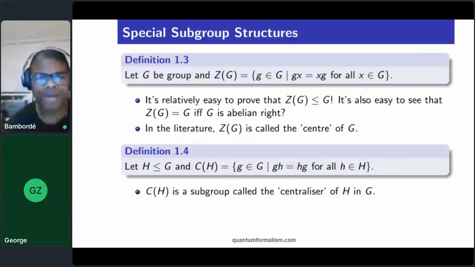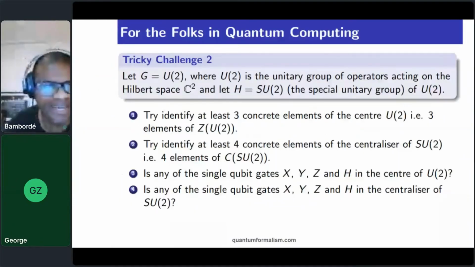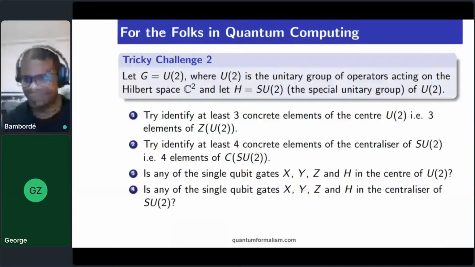Okay, so again, for the quantum computing guys, this could be trivial or it could be a trick. I don't know. Try to go through it, and then you can say, oh, yeah. Okay, so let again G be the unitary group. Now let H be the special unitary group.